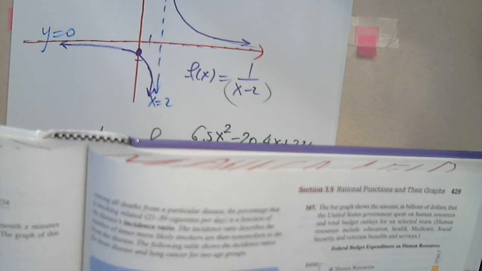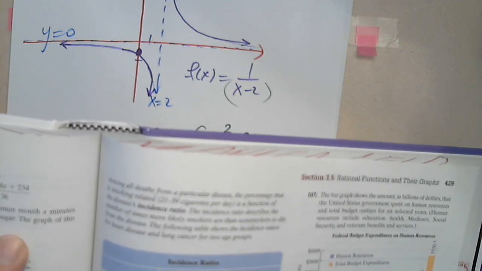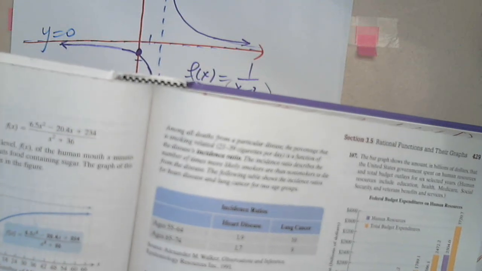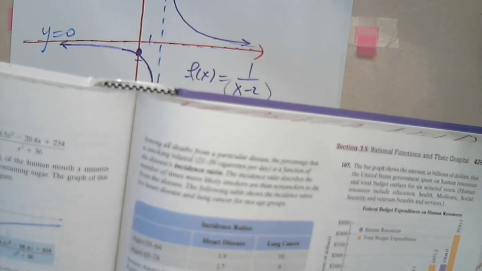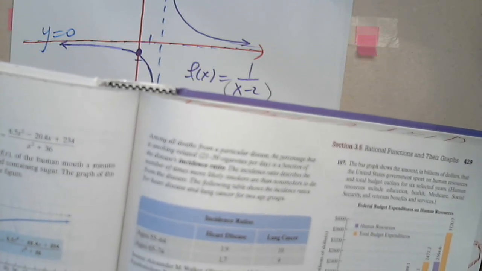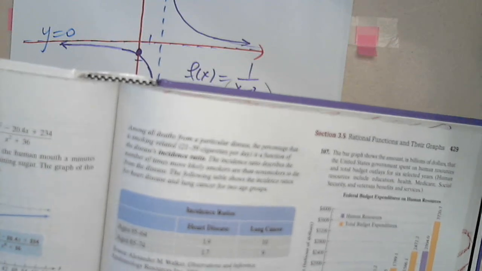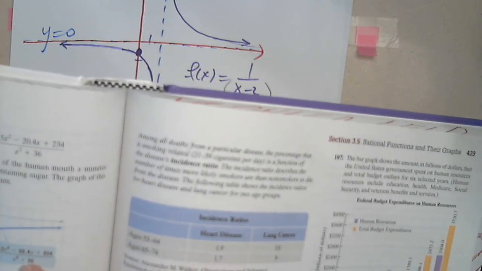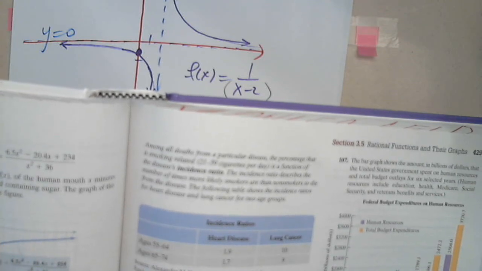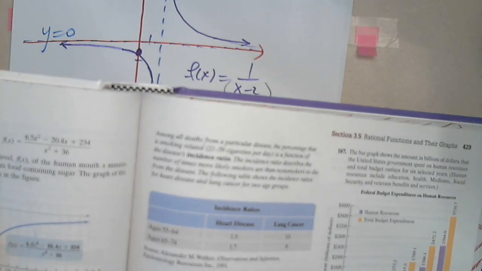of the human mouth, x minutes after a person eats food containing sugar. The graph of the function is shown in the figure. Just the first question and we'll stop. Use the graph to obtain a reasonable estimate of the pH level of the human mouth 42 minutes after a person eats food containing sugar. 42 minutes? I'm going to say approximately pH level is 6.